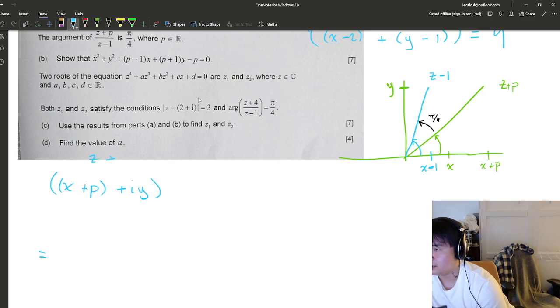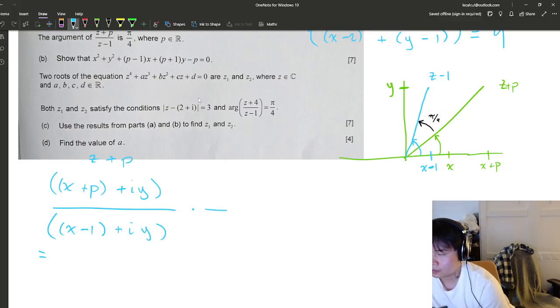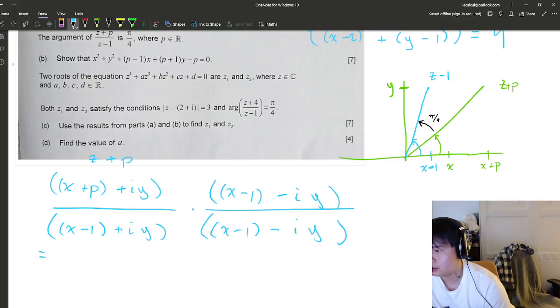Okay, so this is z plus p. And then this is the proper conjugate of the bottom. Stupid.